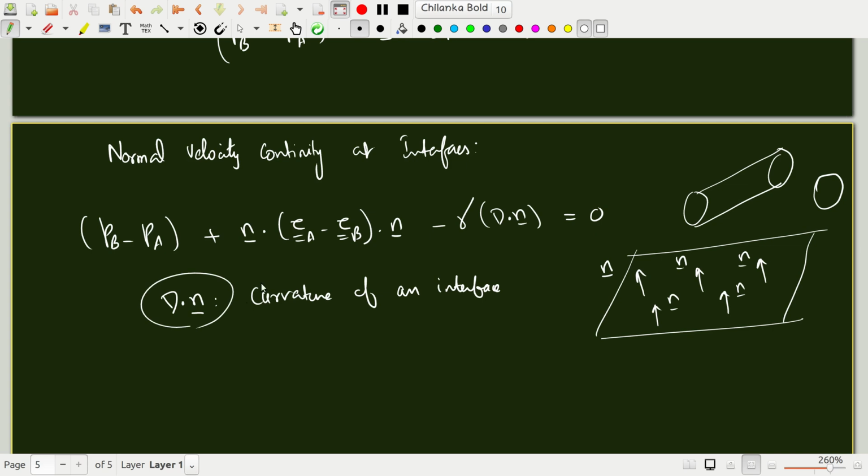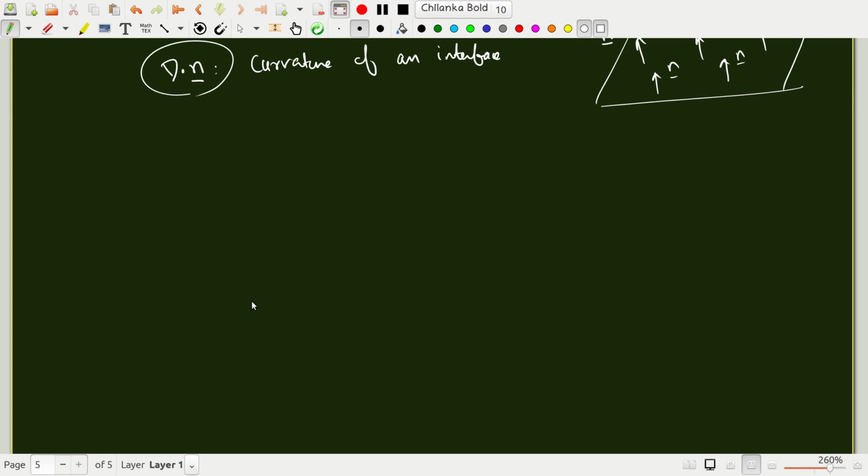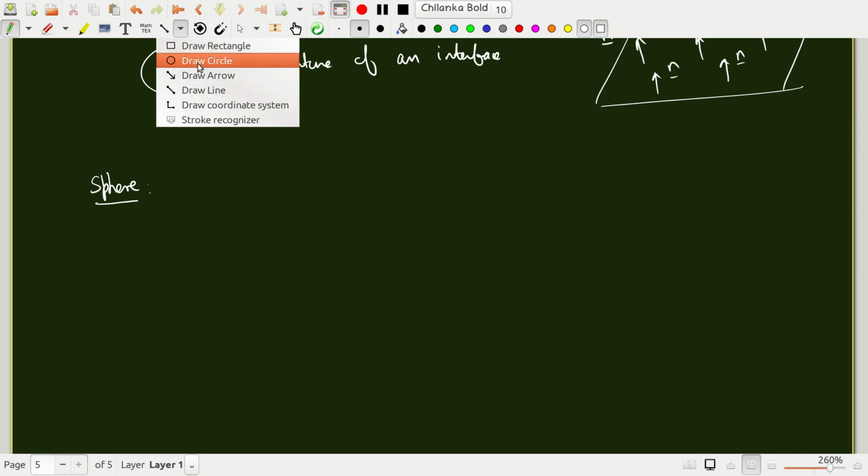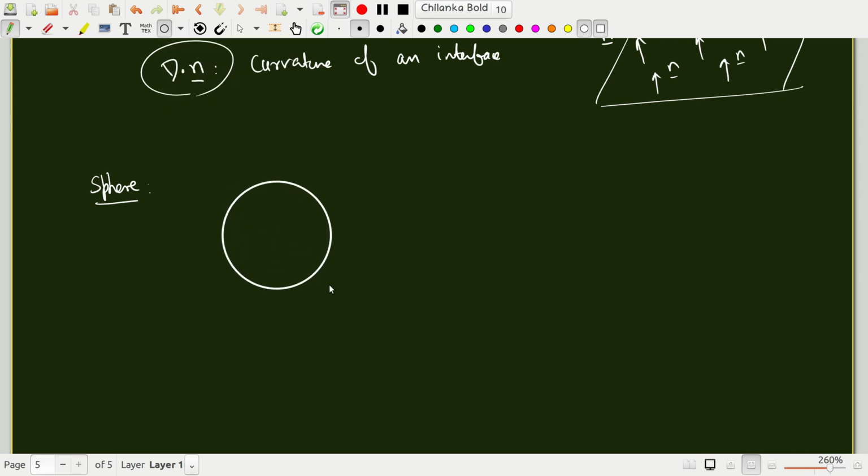Now, let's consider a sphere, for example a drop or a bubble. You have the unit outward normal in spherical coordinates to be e_r. Any vector in spherical coordinates can be written as n_r e_r plus n_theta e_theta plus n_phi e_phi.